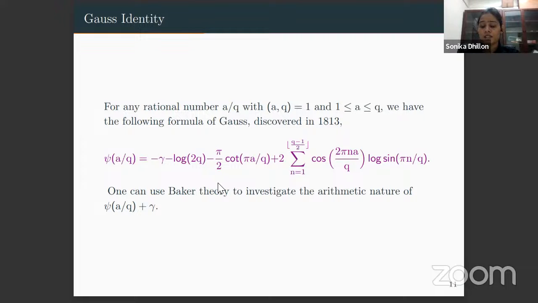If we can show that this sum is non-zero, then it has to be transcendental. So that is one way of proving that psi of a by q plus the Euler constant gamma is transcendental in nature.